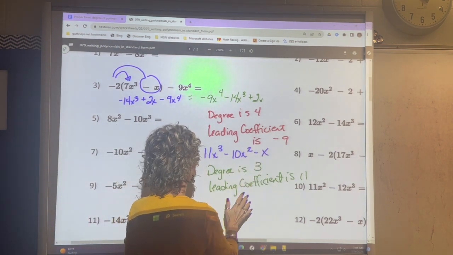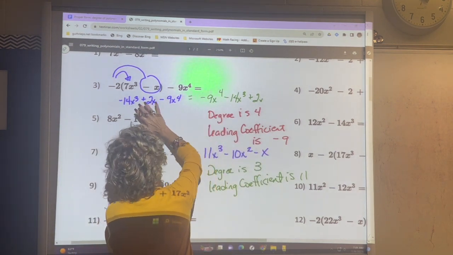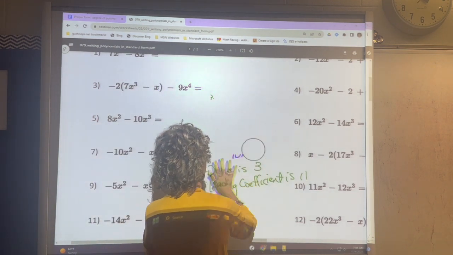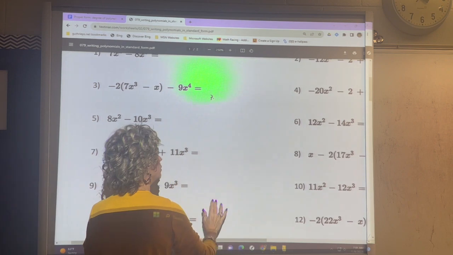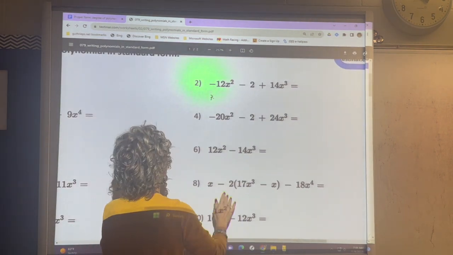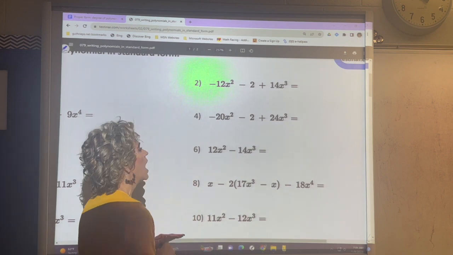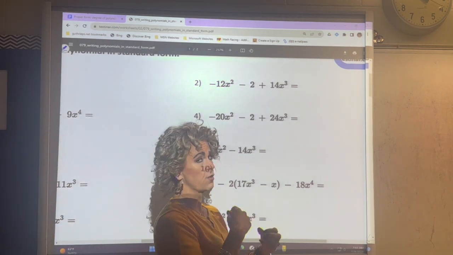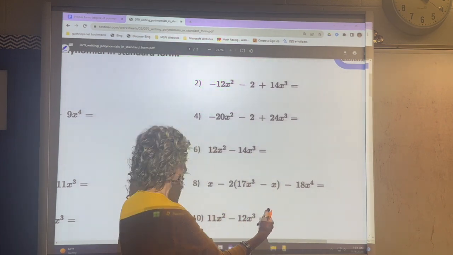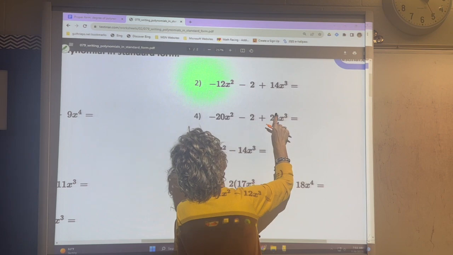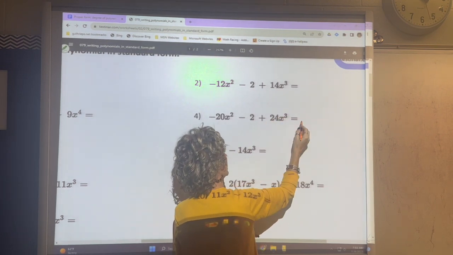Let's see, I'm going to erase this, I'm going to go on over to number 4. We're going to look at it right quick, and then actually we will be done for today. Again, my goal is to put it in proper form, highest exponent to lowest exponent. The highest exponent here is an x cubed. 24 is the coefficient of my x cubed.